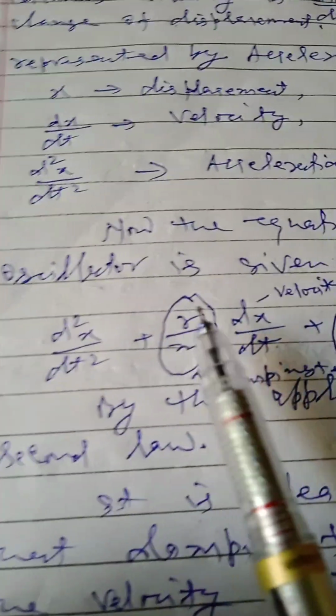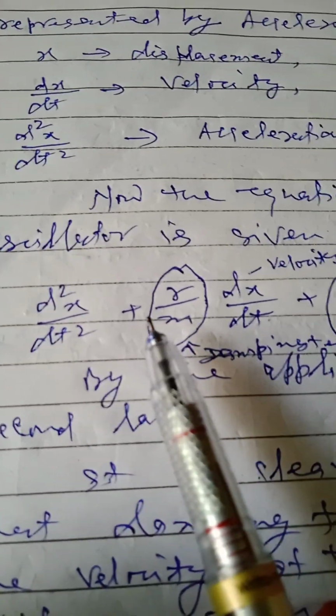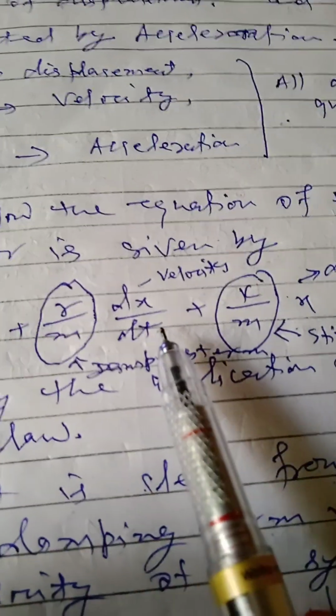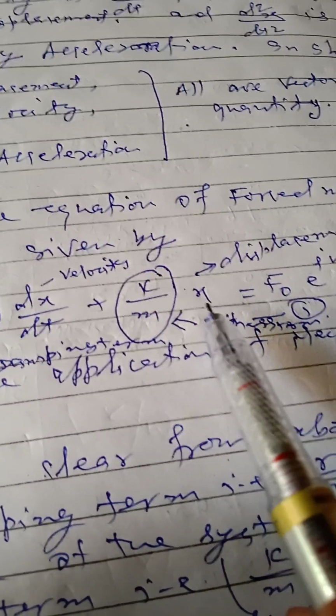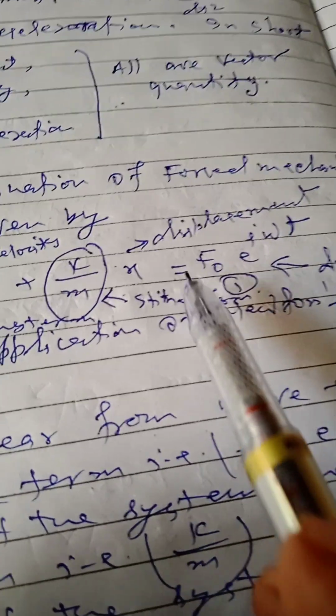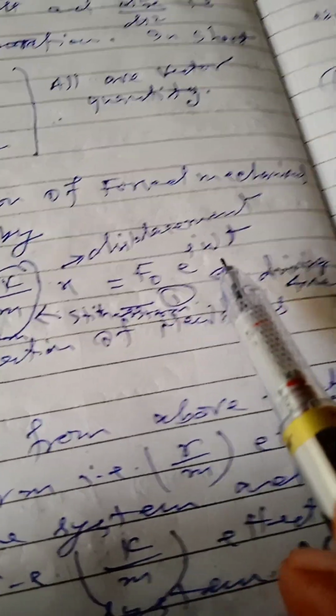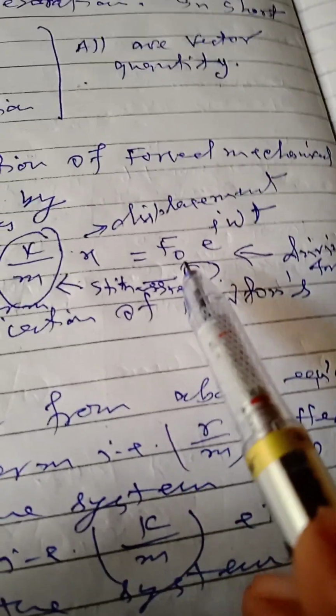Now the equation of the forced mechanical oscillator is given by d2x upon dt square plus r by m dx by dt plus k by m x is equal to f naught e to the power i omega t.